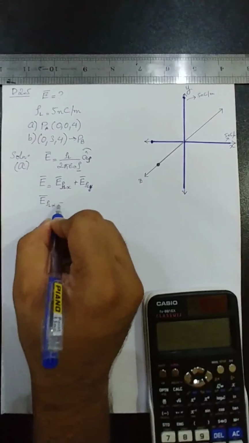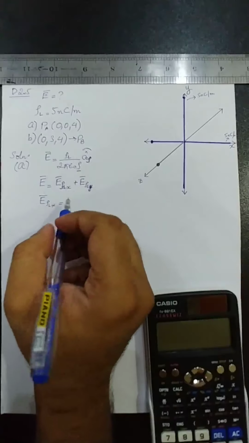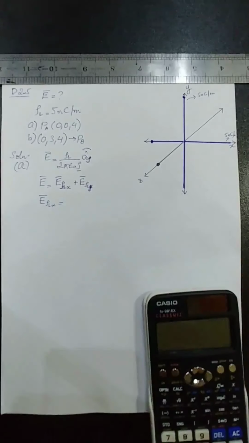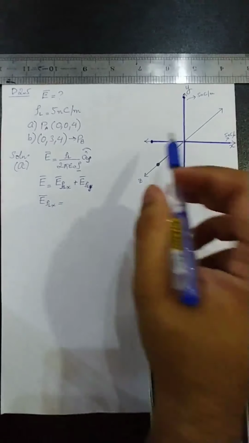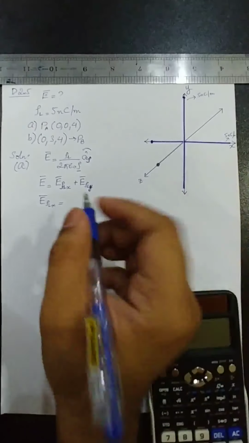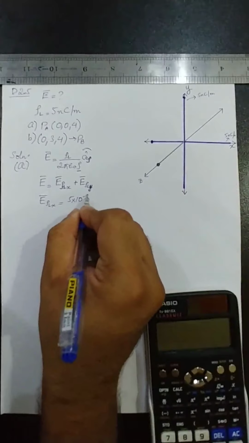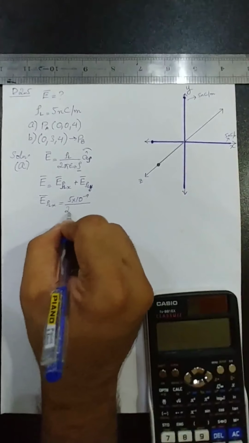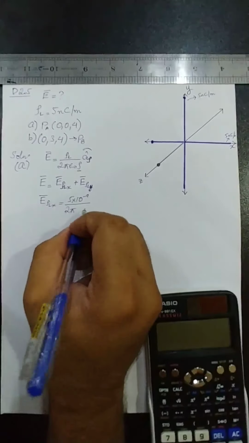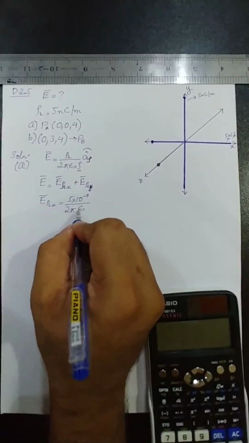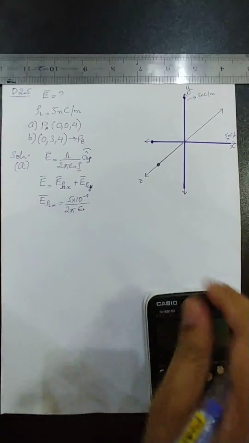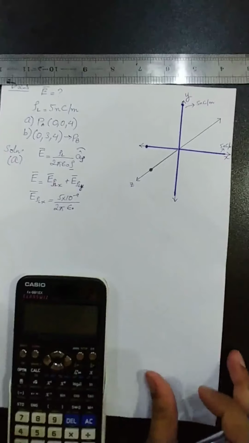Okay, so we will use this formula. The line charge density on the x-axis has a magnitude of 5 nanocoulombs per meter, divided by 2 pi epsilon naught, and the value we already know.